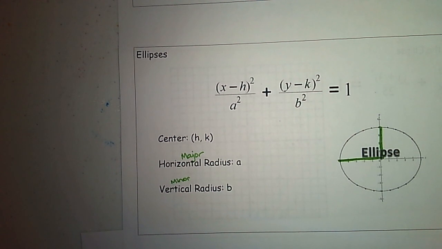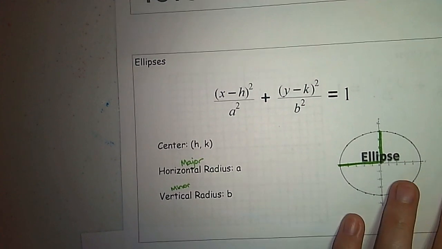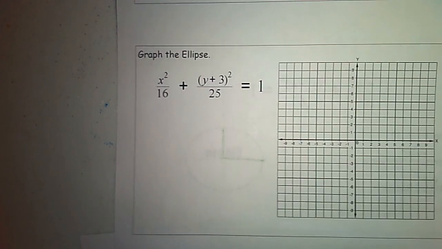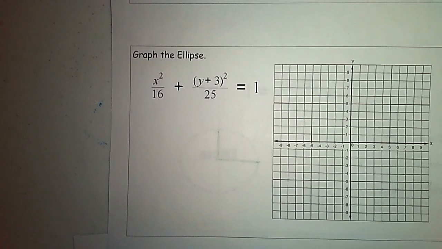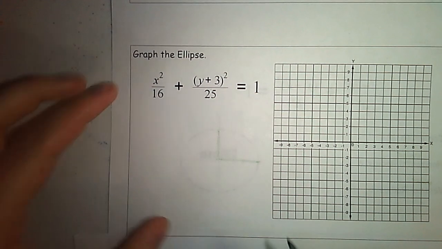All right, so the first thing we are going to do today is we are going to graph them. So let's go ahead and do that. I think I'm going to do this one first. So graph the ellipse. So just like what we did with circles, I'm going to find my center first.